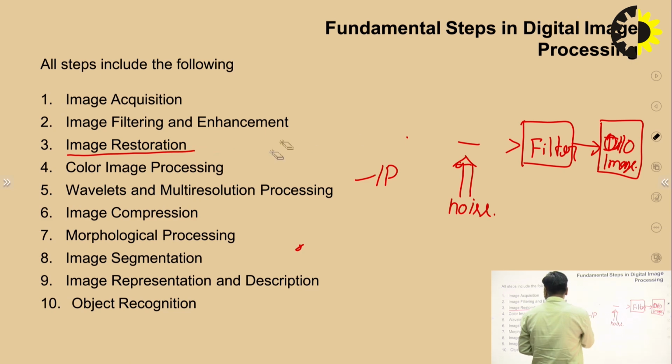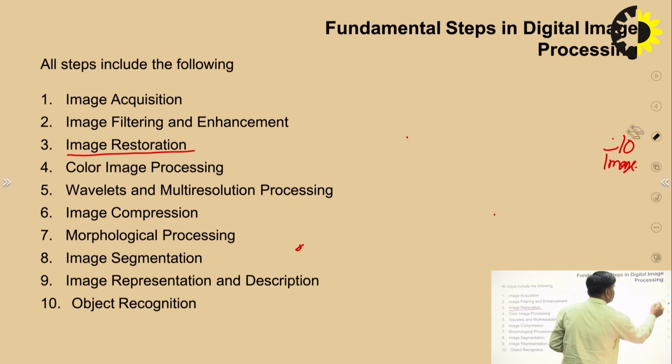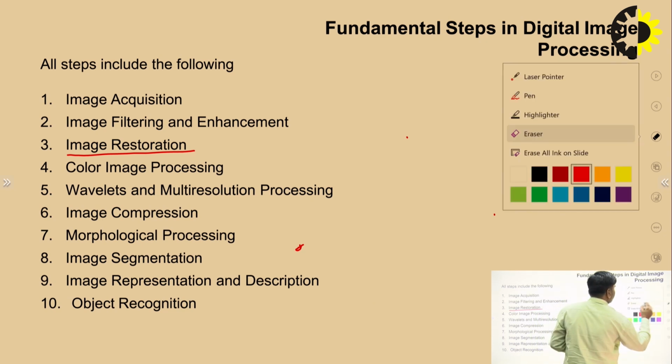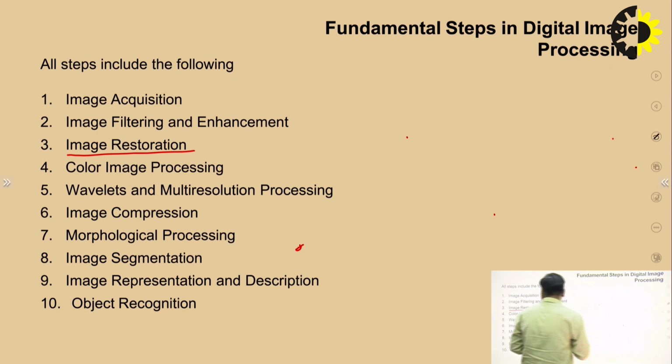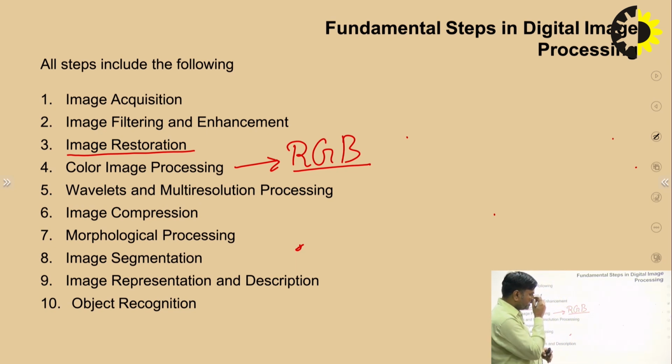Next is color image processing. In color image processing we have the RGB model, meaning red, green and blue. These are the primary colors from which we can form other colors, so we call them primary colors.